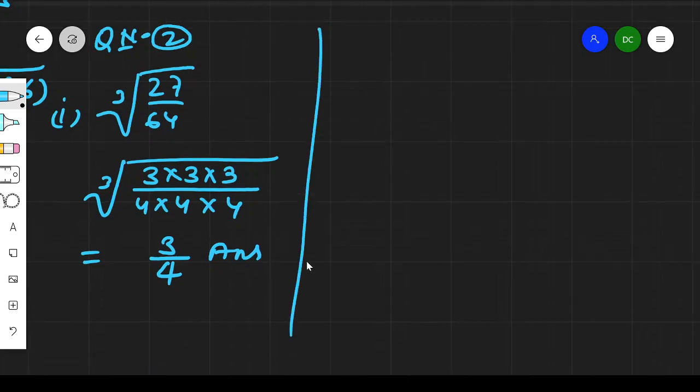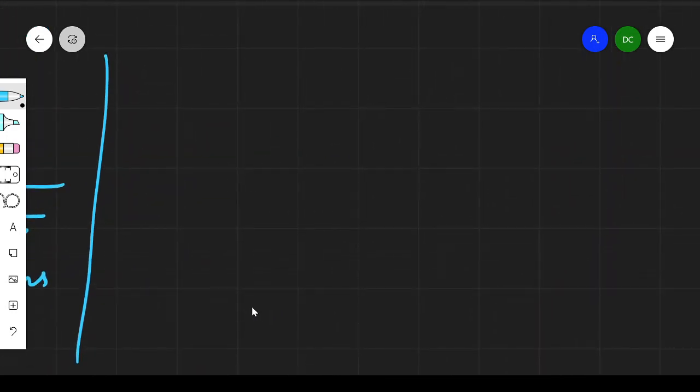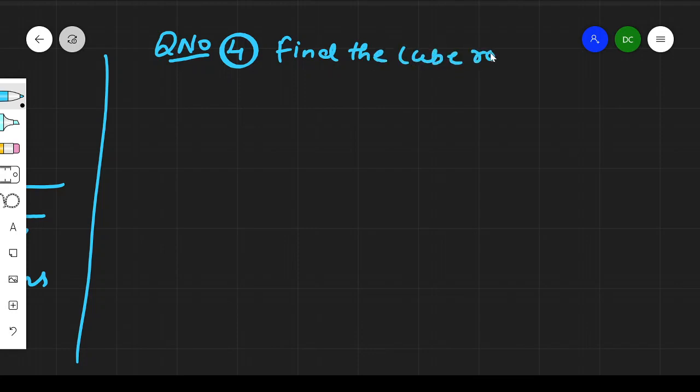Some decimal numbers are there and we have to find the cube roots of them, like question number 4. Find the cube roots of this, it is quite important. First one is 2.744.